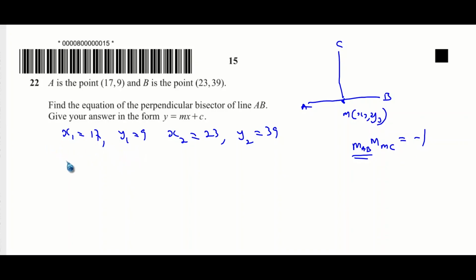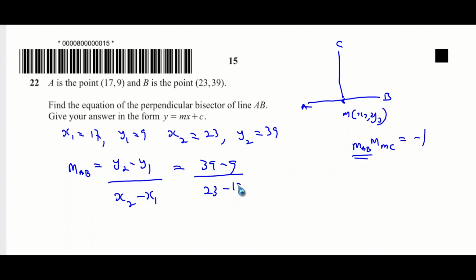Here the gradient of AB will be equal to y2 minus y1 over x2 minus x1. So this will be equal to 39 minus 9 over 23 minus 17, which is 30 over 6, which is equal to 5.